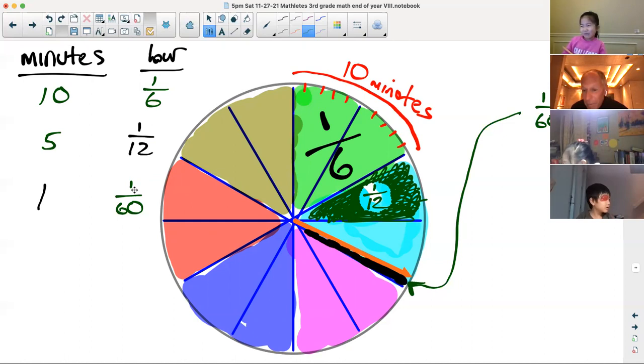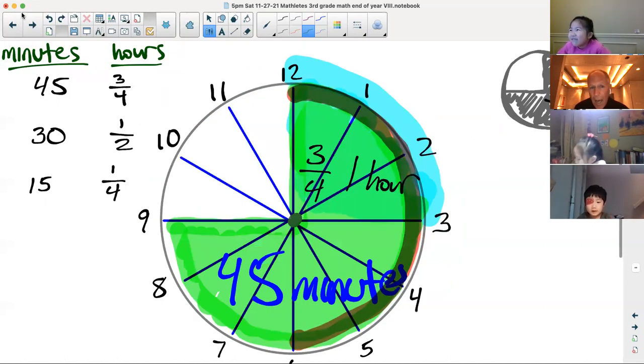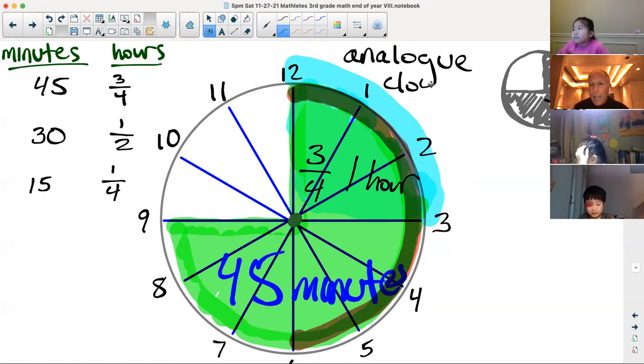Can you believe it? So I want you guys to spend a lot of time looking at analog clocks. These are called analog clocks as opposed to digital.